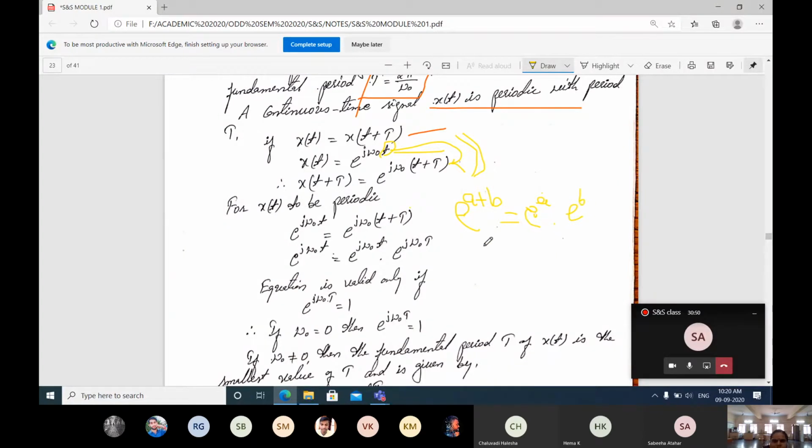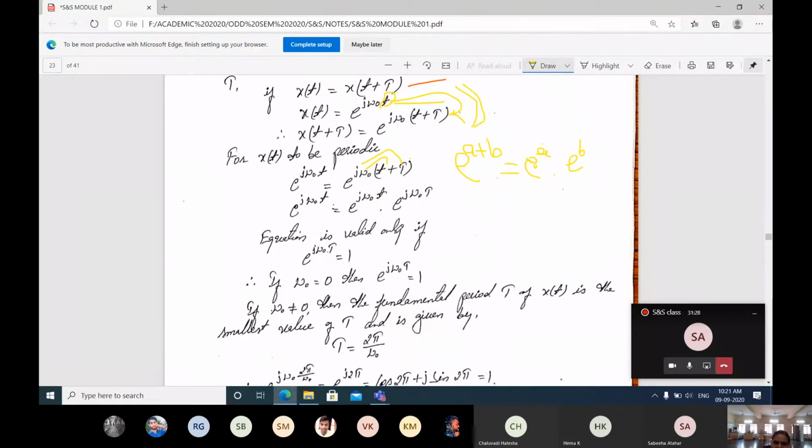Here also I wrote the same, t plus capital T is there. If I multiply j omega naught into t plus j omega naught into capital T, multiplying for this and also for this term, then you will get it like this. Then e power j omega naught into t I can write, then e power j omega naught into capital T. First you multiply j omega naught to the small t and also to the capital T, then split the function.